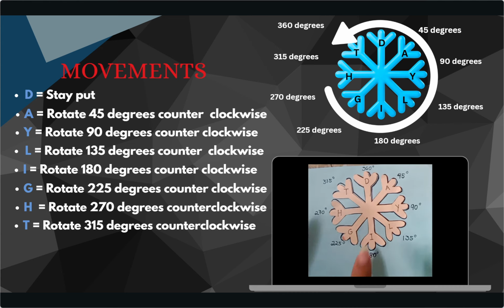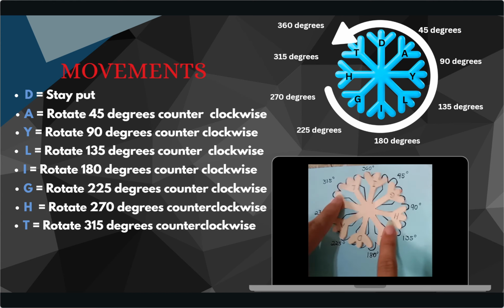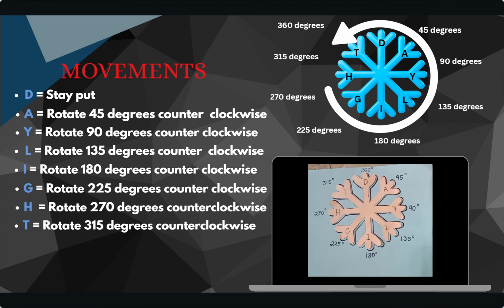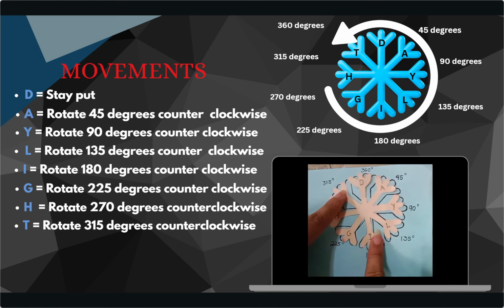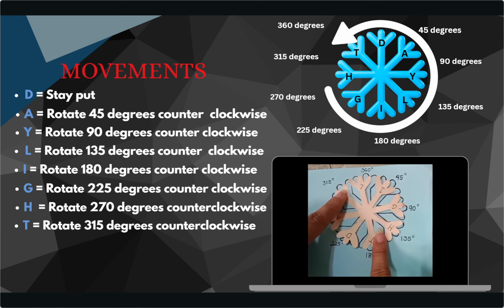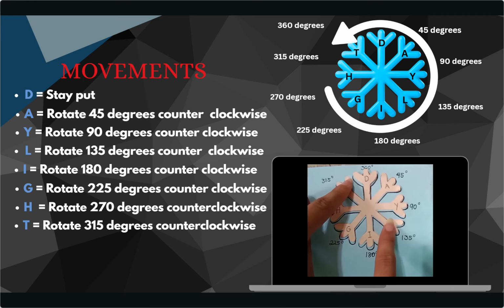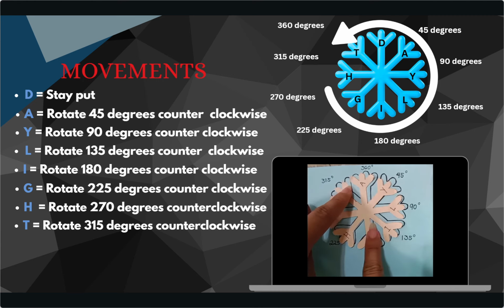And in letter I, rotate 180 degrees counterclockwise. By rotating 180 degrees counterclockwise, we come up with letter I. For G, rotate 225 degrees counterclockwise. By rotating it by 225 degrees counterclockwise, we come up with letter G. And for element H, rotate 270 degrees counterclockwise.